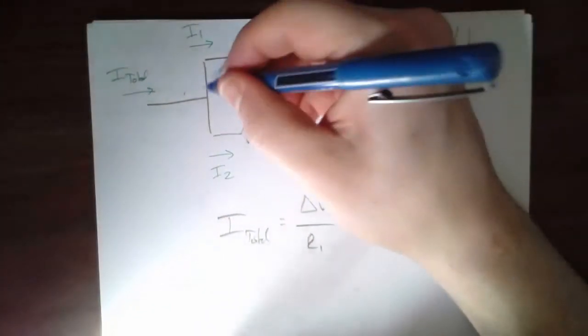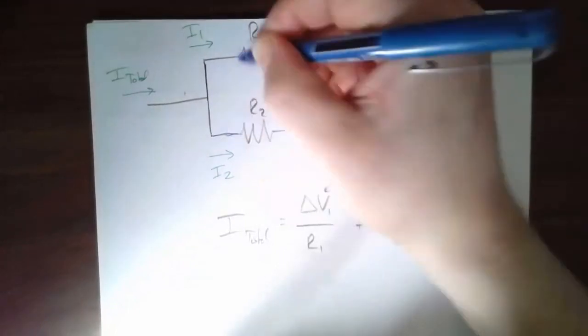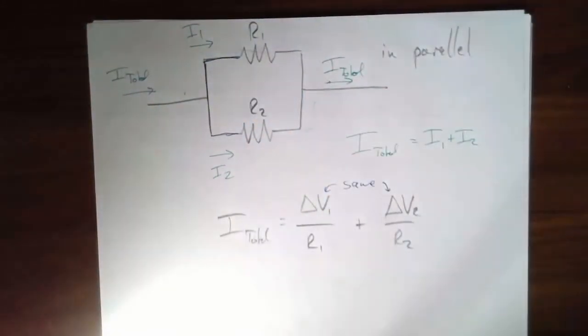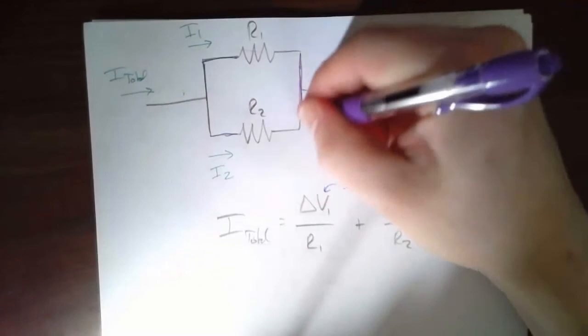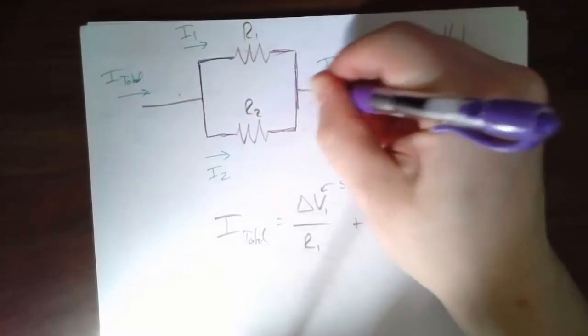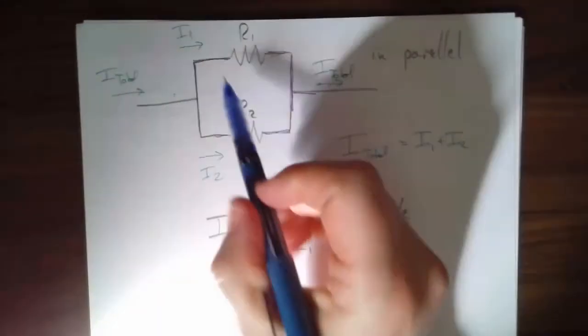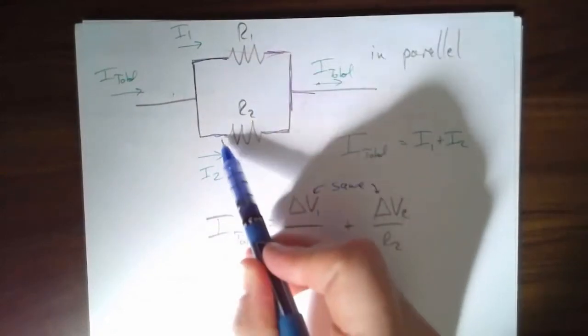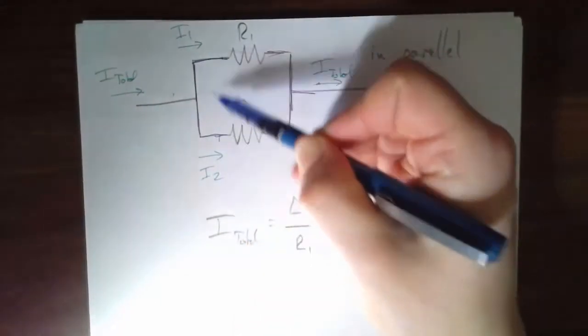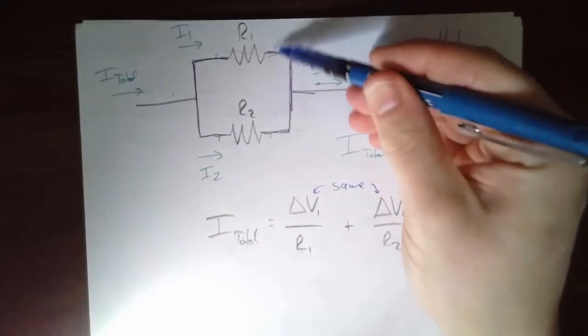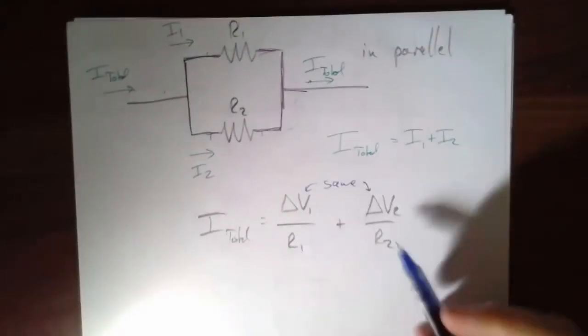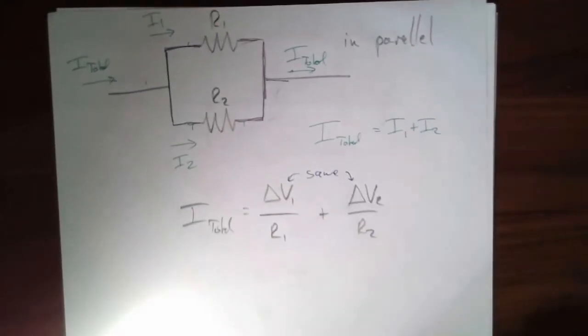Because if you start out on this side, remember all this is the same potential. You go from blue to purple. So however far I'm going down over here, I'm going down the same here because those 2 points are the same potential as each other. So there's really only one delta V.